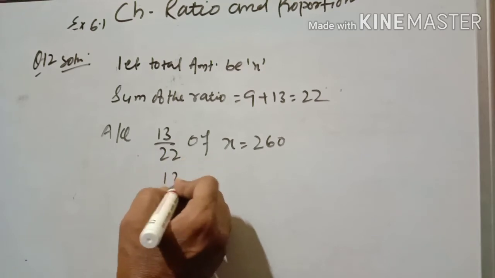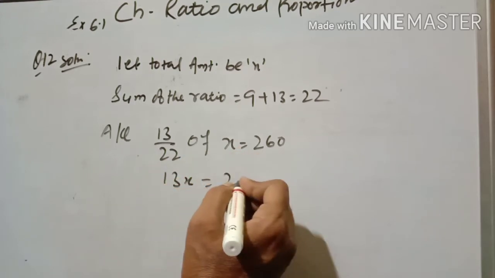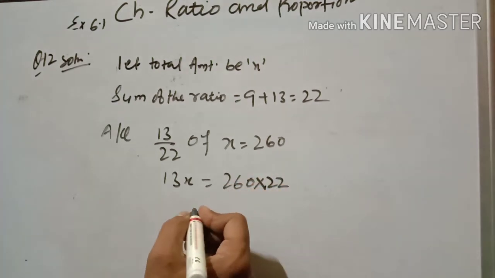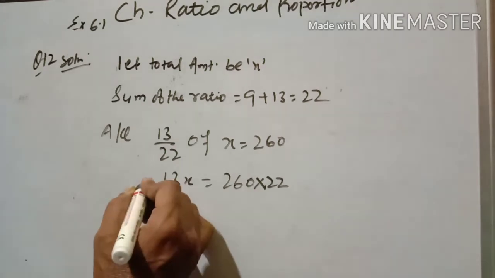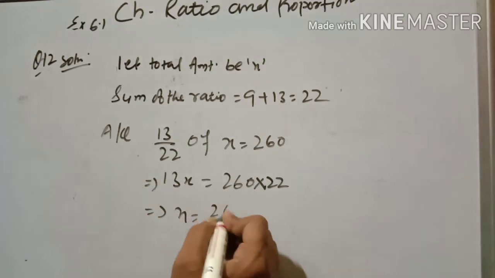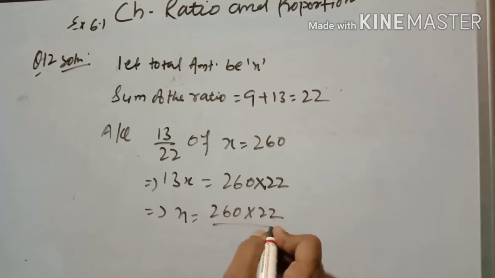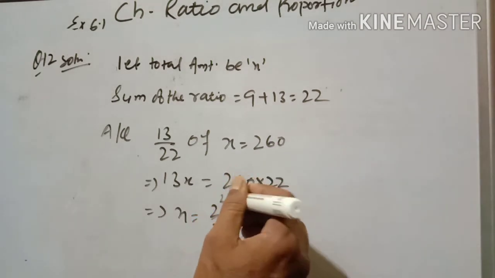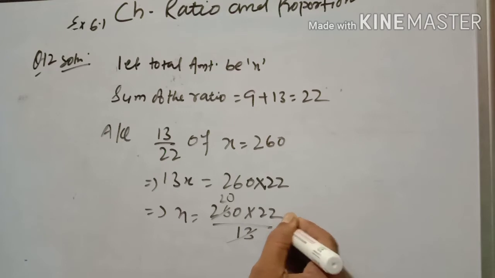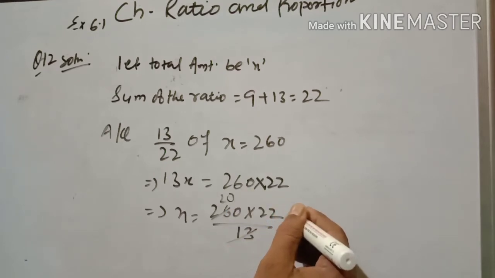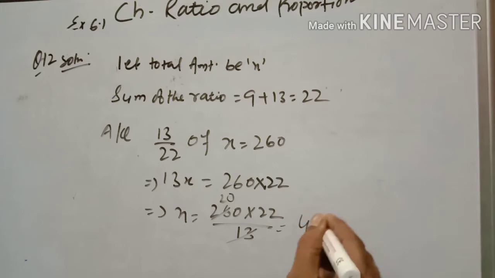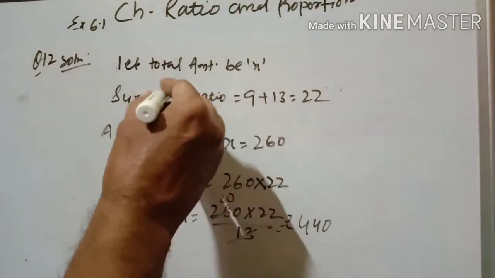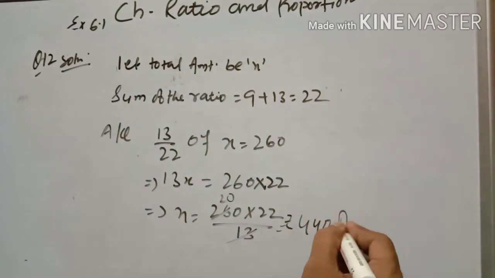So 13x equal to 260 into 22. This implies x equal to 260 into 22 by 13. It will cancel in 2 steps, so this will be 20 only, that means 440. This is your requirement, rupees 440. So total amount is 440. Write down please.